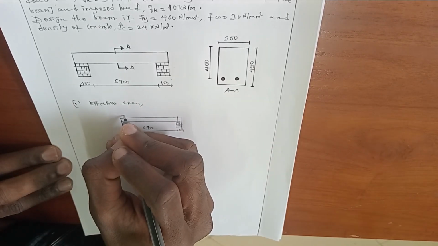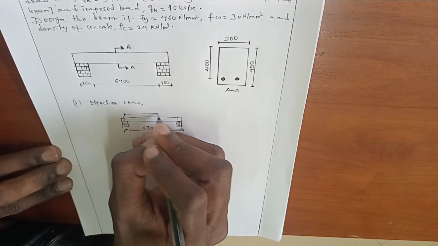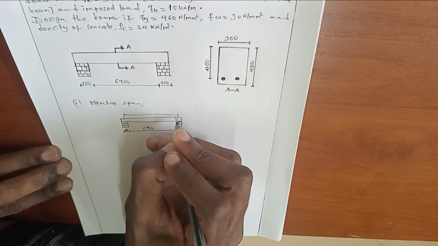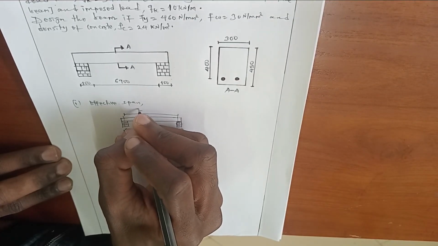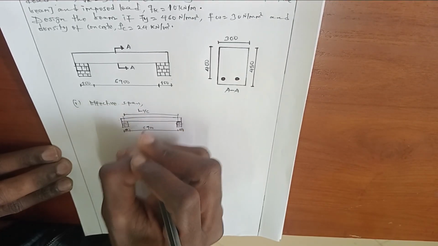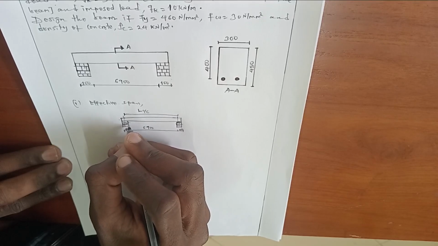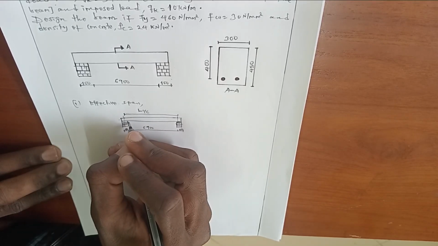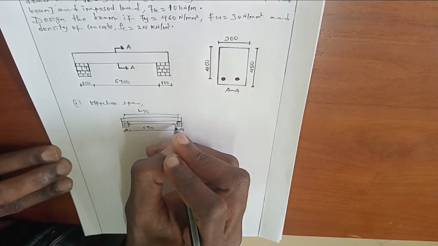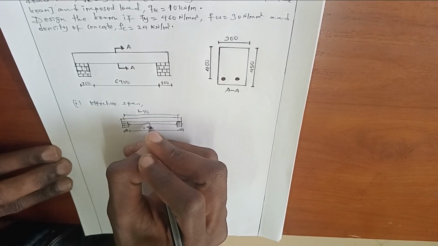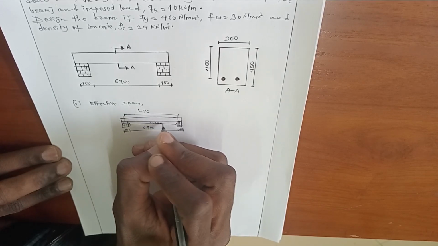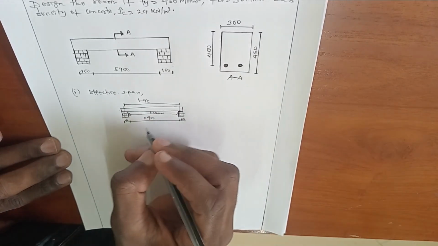So this is the length of center to center span, and this is the distance from the inner face of the support, called the clear span. This is the clear span between two supports.